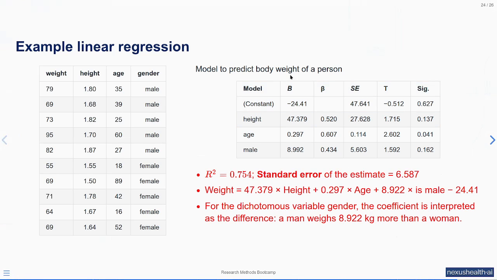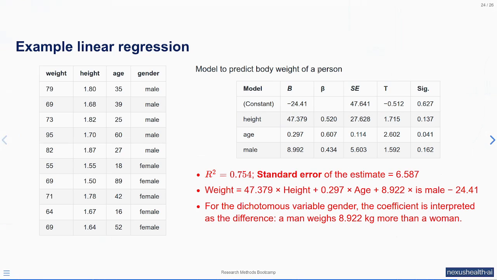So take note of this. Where you see the Greek letter beta, it means the standardized regression coefficient, and this is different from the unstandardized regression coefficient, which is simply represented by the letter B. And then we have the standard error, and then we have the t-test, and then we have the levels of significance, whether the p-value is less than 0.05 or not. And so we can see this.